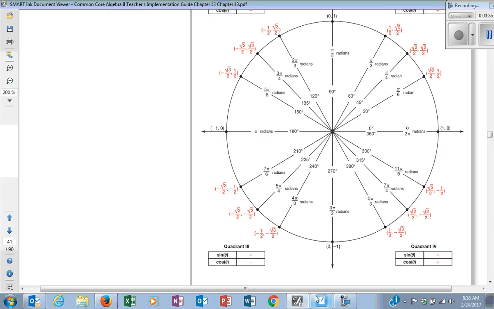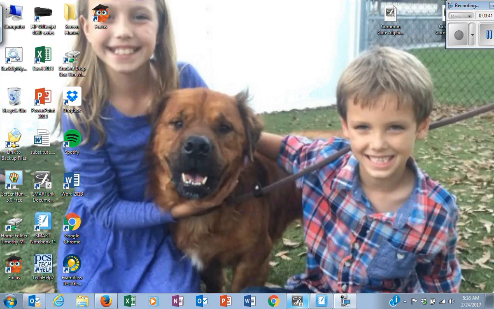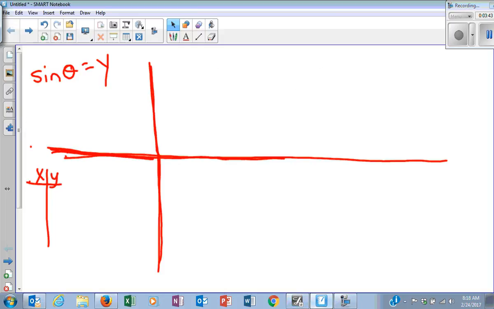Can I put 1, 0 into this? If I put 1 in here, do I get 0 out? What does theta stand for? An unknown what? An unknown angle.